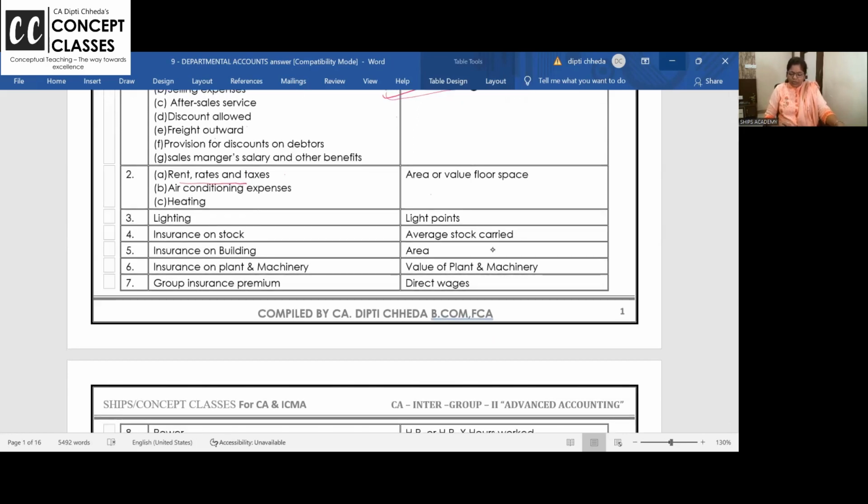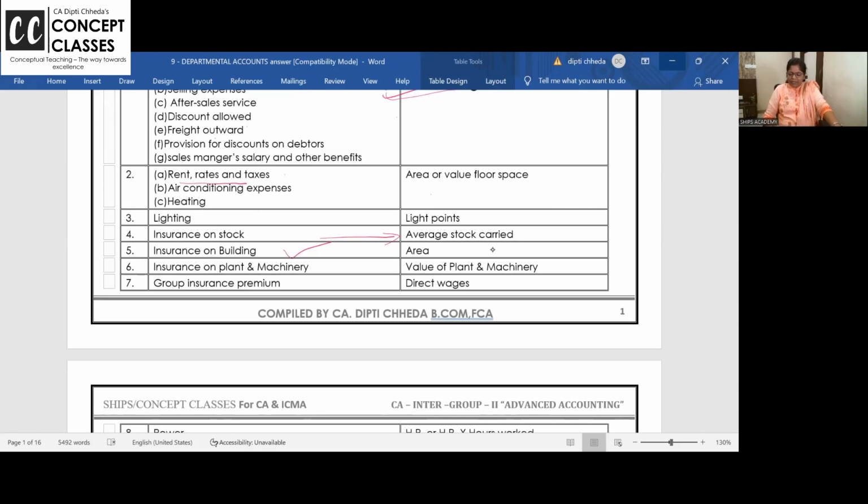Insurance on stock. How do you take that insurance on the stock? Insurance if you have paid on stock. What is the value of the stock with each department? According to that, they will bear the insurance. Insurance of building. Every department will bear part of building insurance according to area they are using.